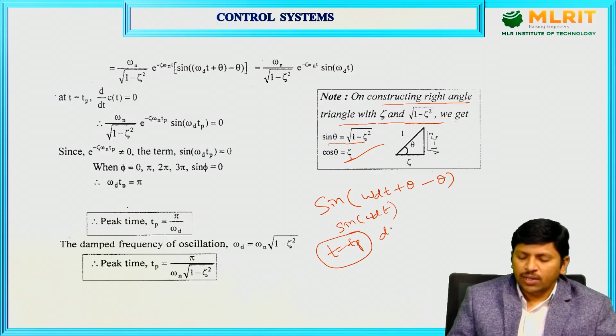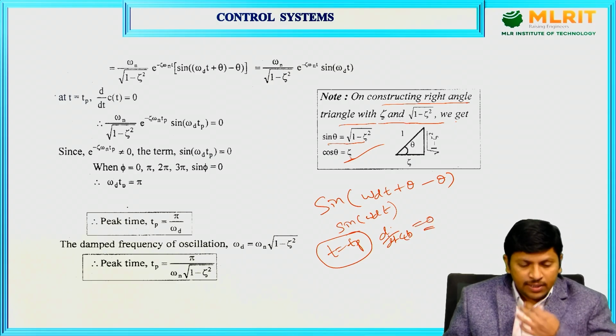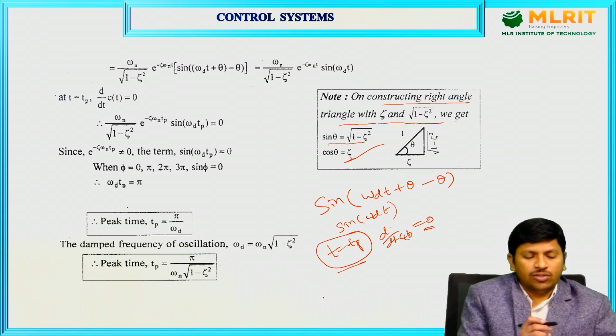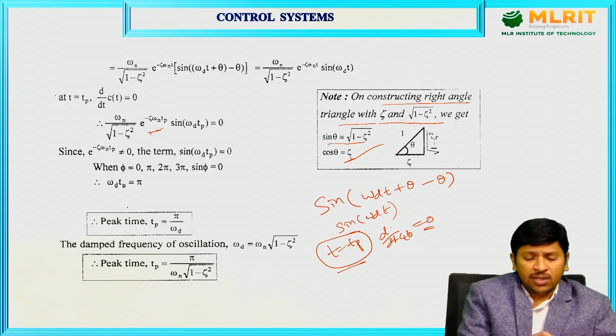maximum peak. So d by dt of c(t) equals 0, right? So here, in place of t, put t equals t p, the peak time. Same as it is here: omega n divided by under root 1 minus zeta square, e power of minus zeta omega n t p, sin of omega d t p, equating to 0.